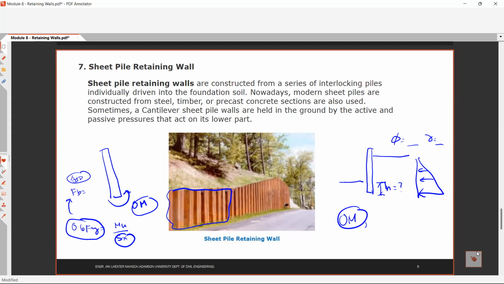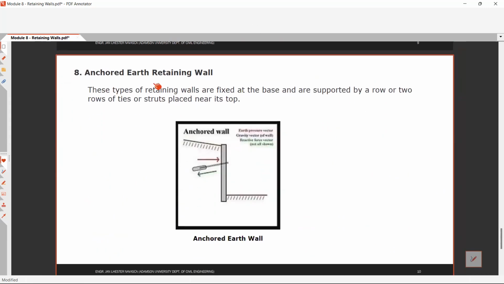So this is manual calculations for the sheet pile retaining wall. Okay, and last is we have this anchored earth retaining wall. So if you remember, nag-design tayo nito sa example problems. Okay, meron tayong sheet retaining walls, then meron tayong tensions dito for the anchored piles.